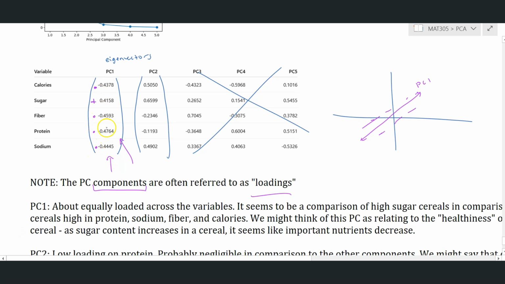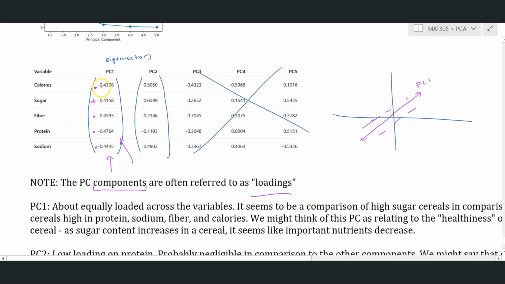When they do have higher values on those, they are going to have really low sugar, right? Or the opposite: as a cereal has more sugar, it is typically going to be lower in calories, fiber, protein, and sodium.